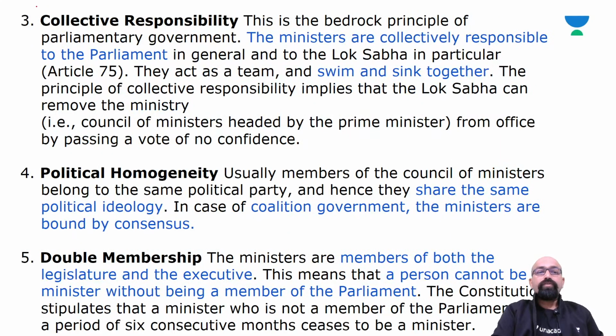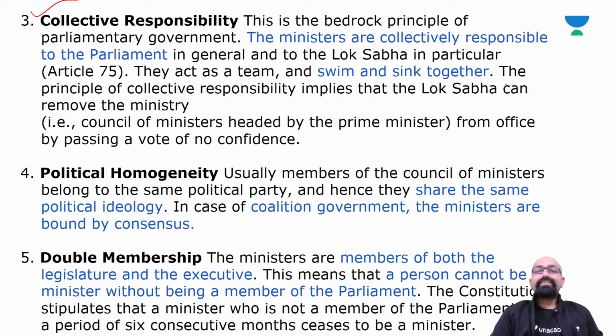Now, collective responsibility. We are studying the features of the parliamentary system, and the next feature is collective responsibility. The ministers are collectively responsible to the parliament in general and to the Lok Sabha.